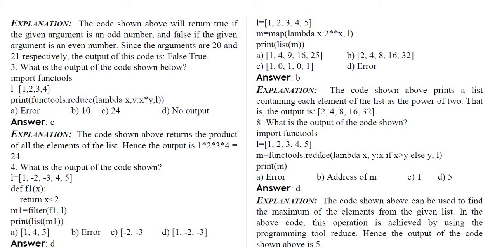Now here we will see reduce. The reduce function is basically used to apply a particular function passed in its argument to all of the list elements, and it returns a single value. Here you can see the condition given is x is greater than y.